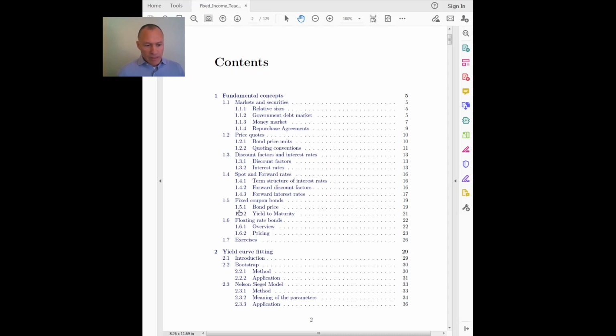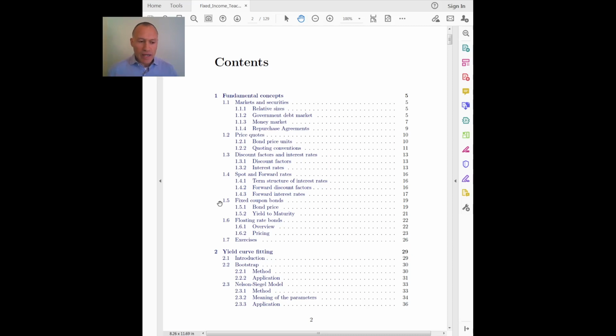And these last two subsections, 1.5 and 1.6, are actually very important in the sense that these are building blocks to everything that we will be doing afterwards. So we're going to be looking at the prices of bonds, derivatives, and so on. And the basic tools to price all those things are the price of a fixed rate bond on one hand and the price of a floating rate bond on the other hand.